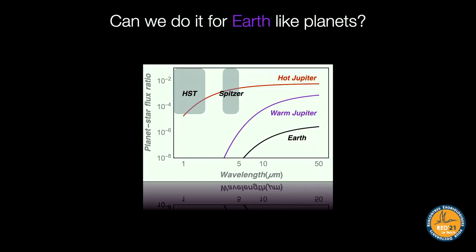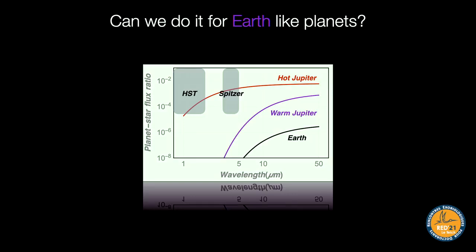Again, we said that the current precision for this kind of measurement is 10 to the minus 4, 10 to the minus 5. And indeed, if you look at HST, which is able to look nowadays up to 2 micron, and Spitzer, which before it was decommissioned had channels that went up to 5 microns, you can see that the planet to star flux ratio contrast is well within range of the instrument for hot Jupiters.